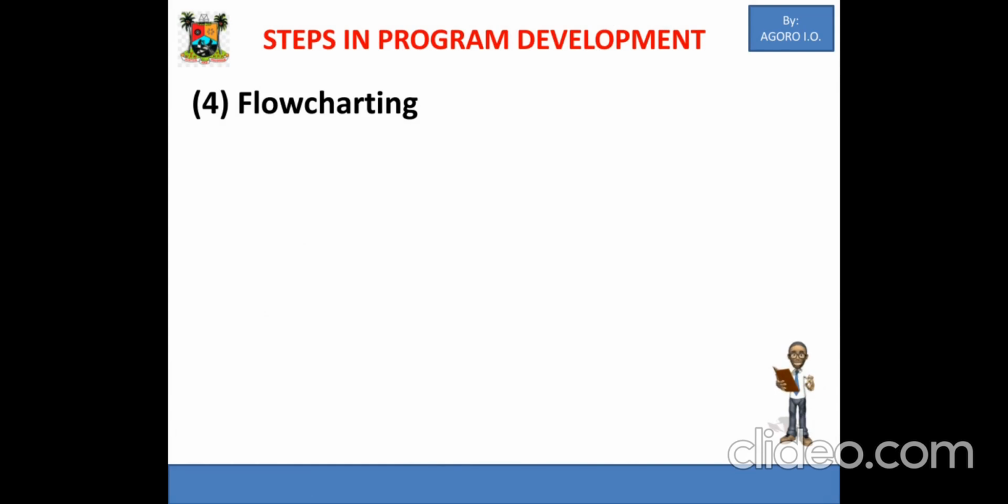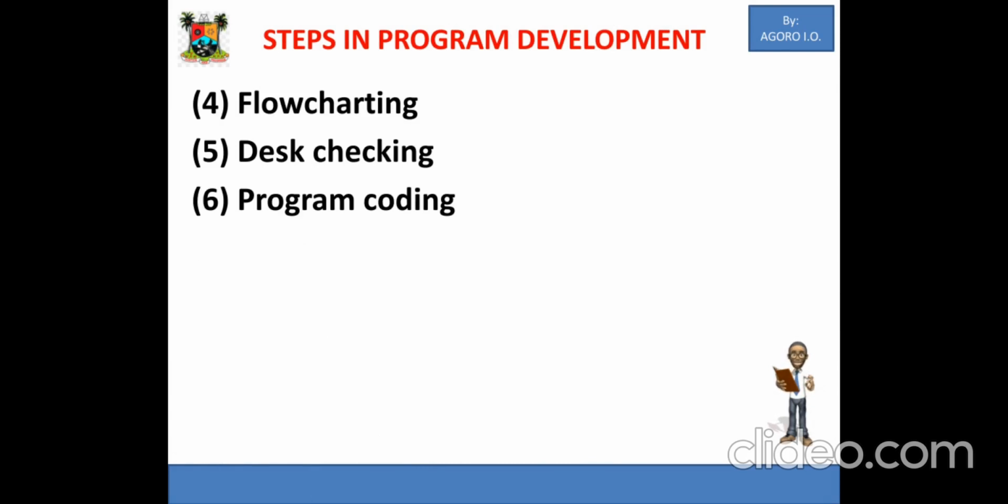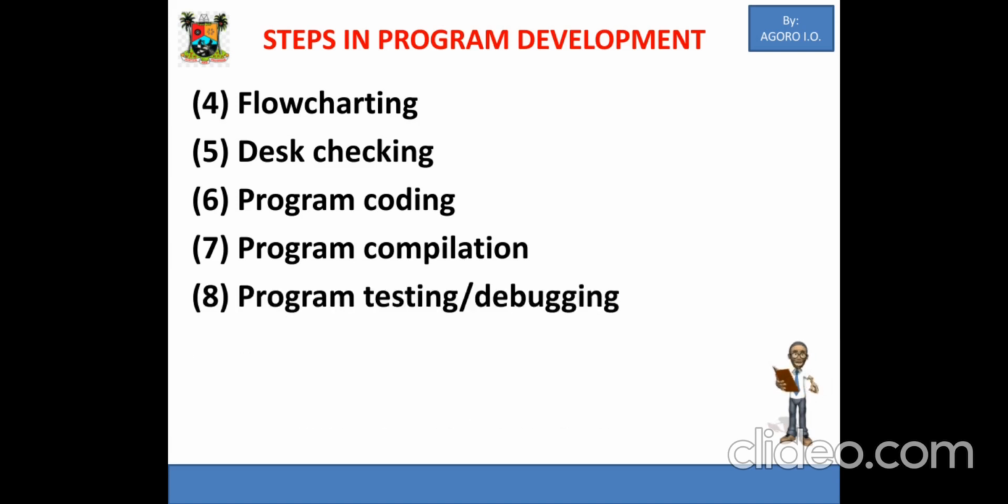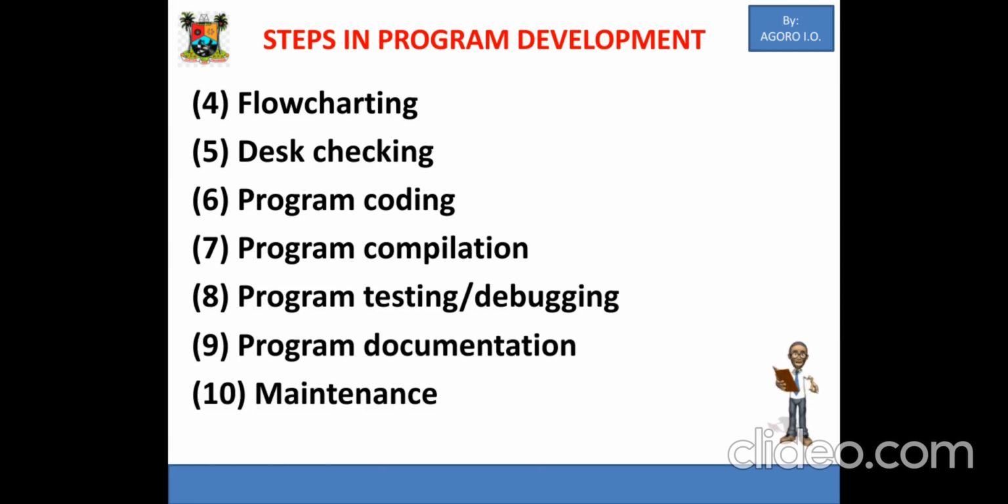Flow charting. 5. Desk checking. 6. Program coding. 7. Program compilation. 8. Program testing or debugging. 9. Program documentation. And 10. Maintenance. So we are going to look at all these steps in program development one after the other.